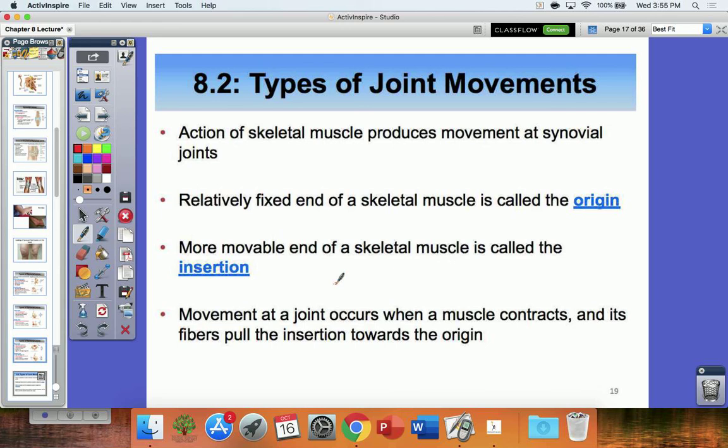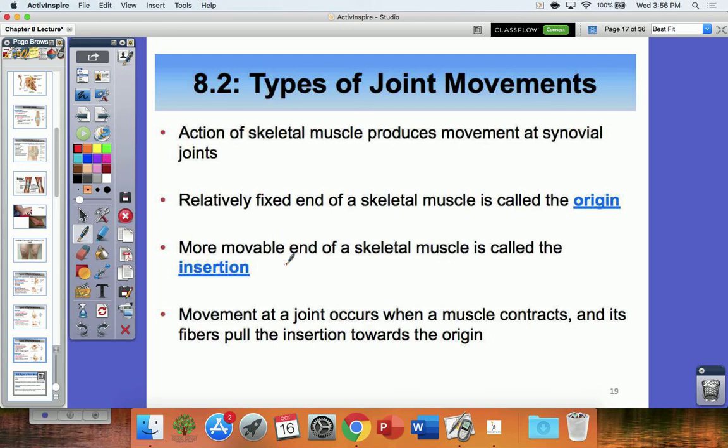If you're standing in the anatomical position, it's on the anterior side of the body, of the humerus. The origin is at the head of the humerus. It's called a bicep because it actually has two origins, and then it inserts a little bit lower towards the forearm area. That's going to be the part that's more movable.